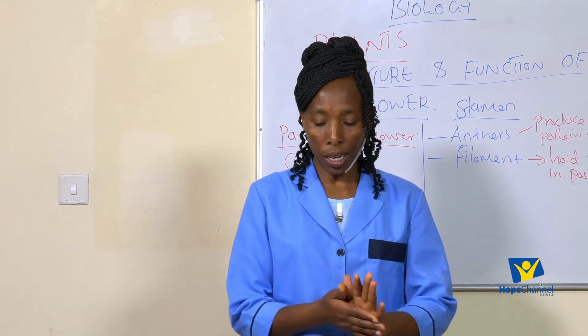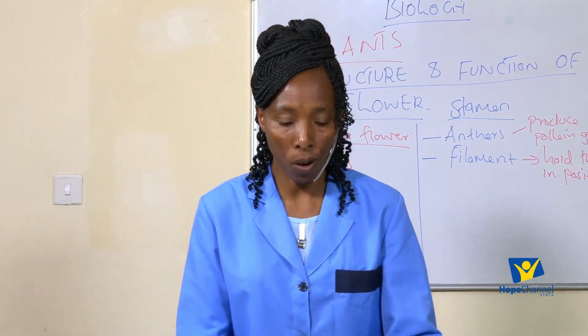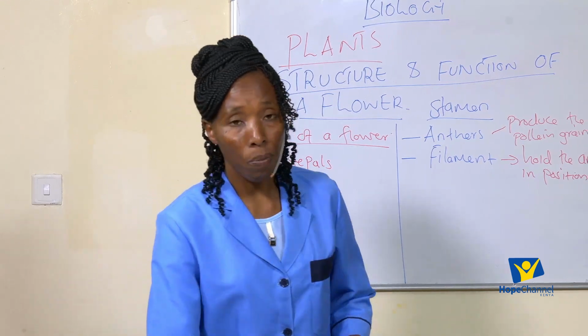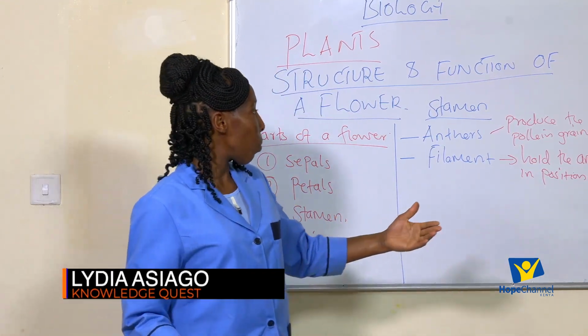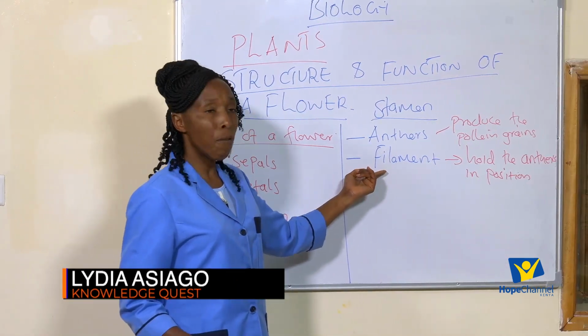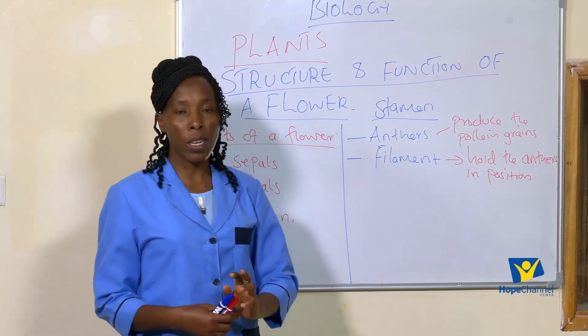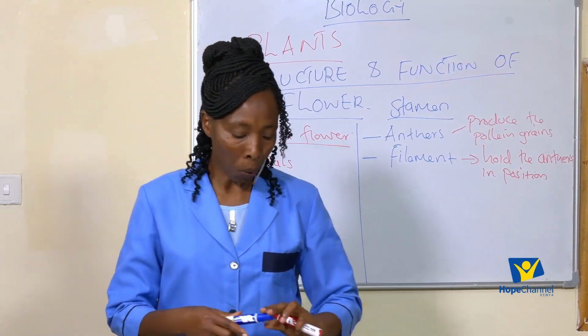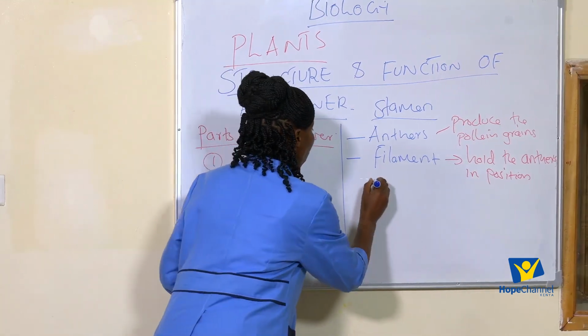Welcome back, student. Before we went for a break, we were discussing the structure of a flower, and so far we have been able to identify the male part of the flower, which has the anthers and the filament. Collectively, the male part of the flower, we refer to as the stamen. I want us to proceed to the other part of the flower that we call the pistil.